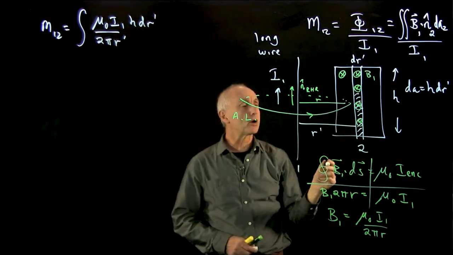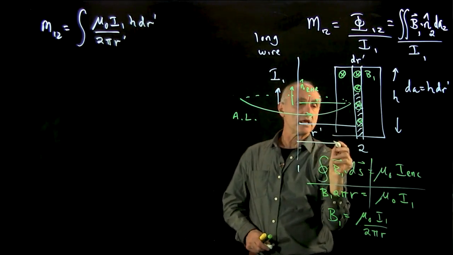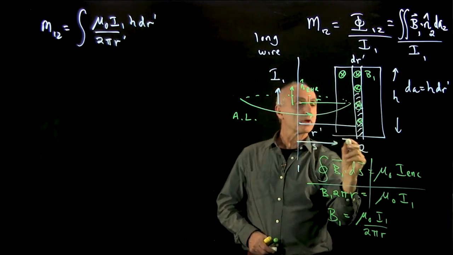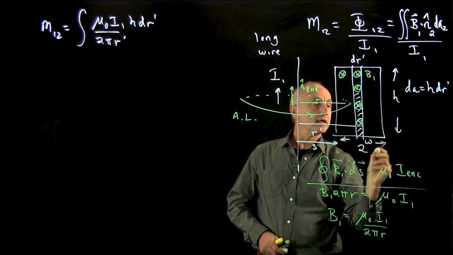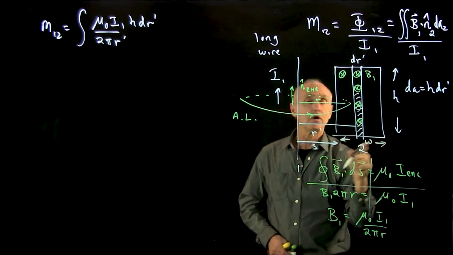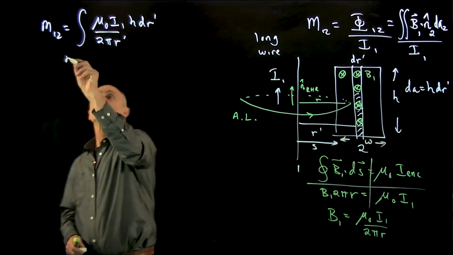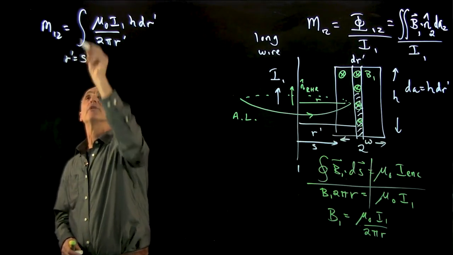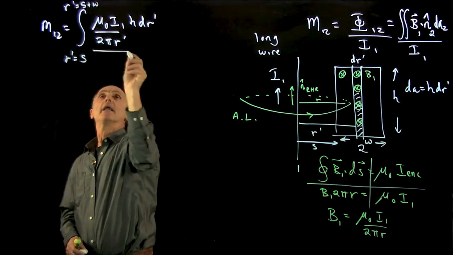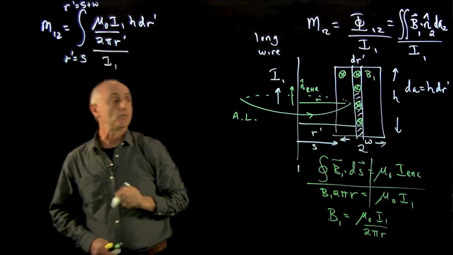And what am I integrating r prime from? Suppose this edge is a distance s, and the whole object is a width w. Then I'm taking my integration from r prime equals s to r prime equals s plus w, and I have to divide by I1.